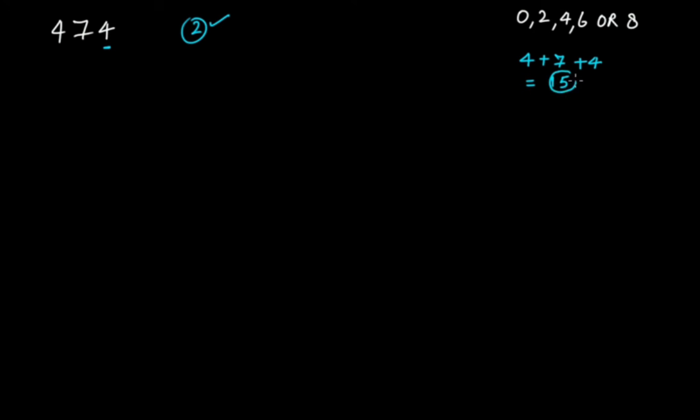Is 15 divisible by 3? Yes, this is 3 times 5, which is 15. Therefore 3 is a factor of 15, that is, 15 is a multiple of 3. And since the sum of all these digits is divisible by 3, this number will be divisible by 3.